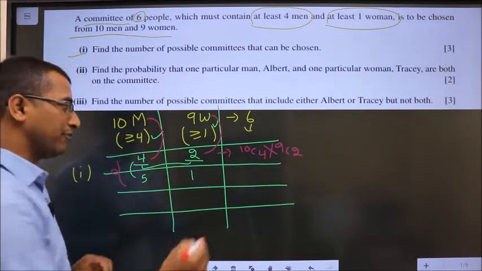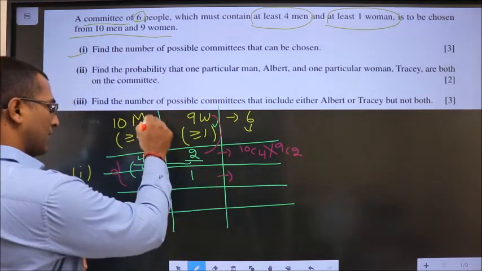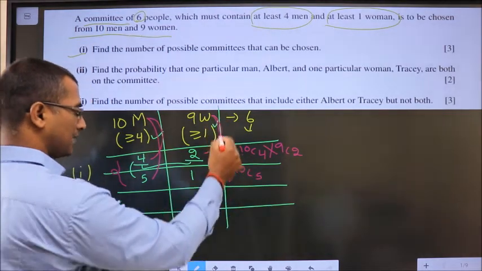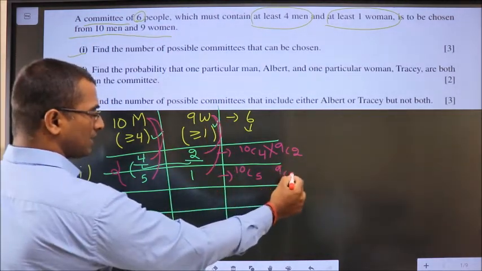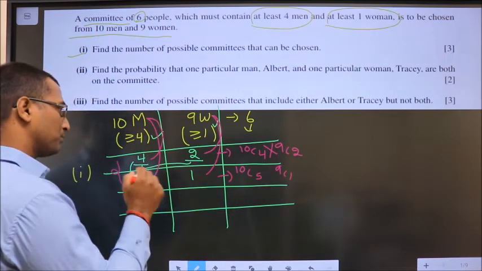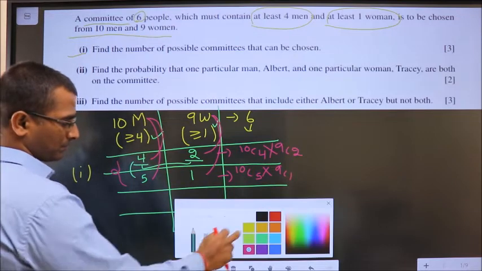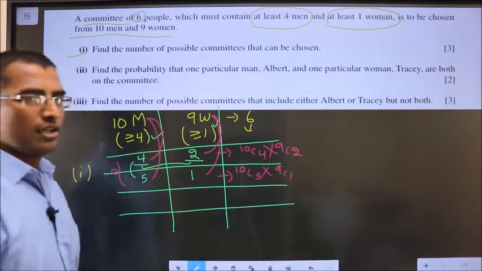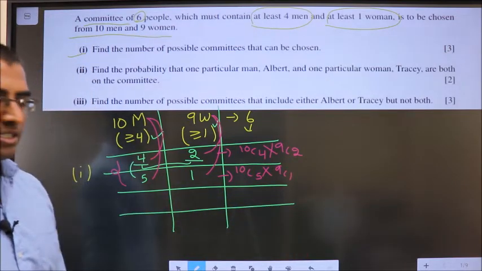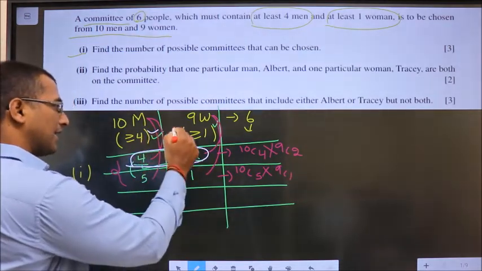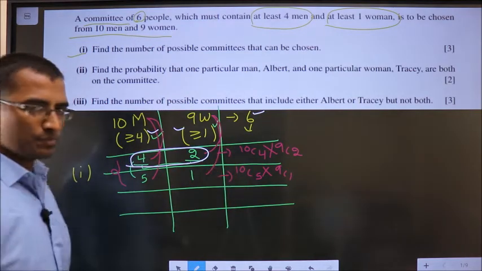Now, same for the second row. From 10 selecting 5 can be done in 10C5. From 9 selecting 1 can be done in 9C1. It is 5 men and 1 woman, so it's multiplication between them. Clear so far? Next. These set of numbers satisfied the condition and the count.